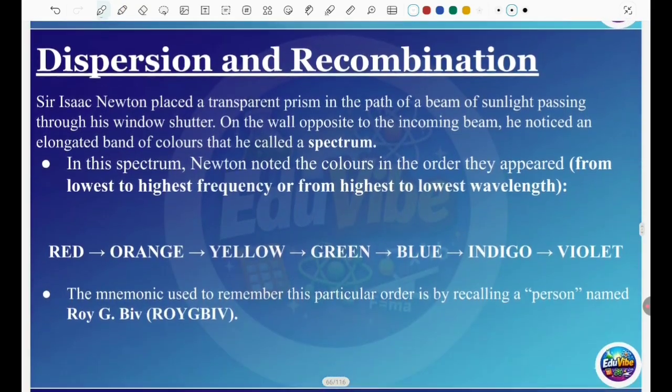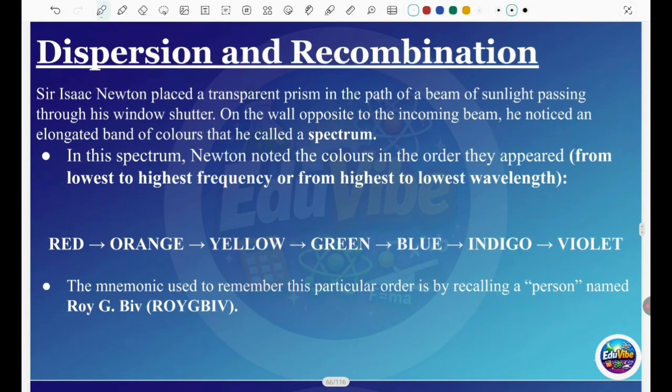Next we have dispersion and recombination. It's easy: white light goes into rainbow colors. On the wall opposite the oncoming beam, notice that we have a spectrum. The spectrum is the band of colors, and they go from the lowest to highest frequency, or from the highest to lowest wavelength: red, orange, yellow, green, blue, indigo, and violet. You can use the mnemonic ROYGBIV to memorize this. From red to violet, you go from the lowest to highest frequency, or from the highest to lowest wavelength.